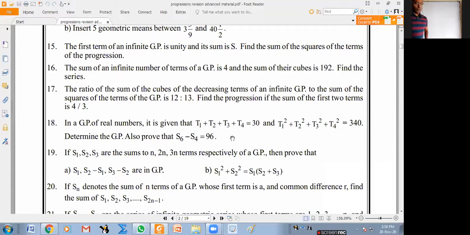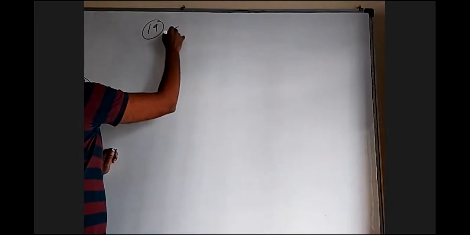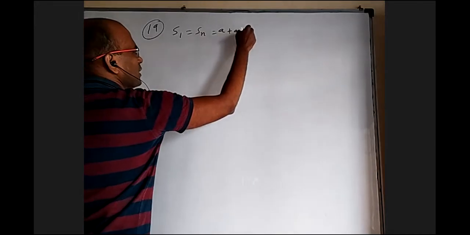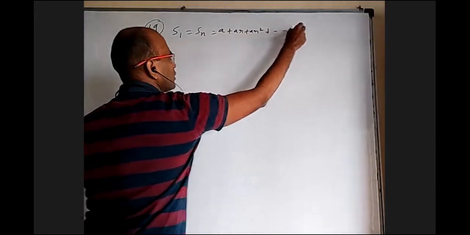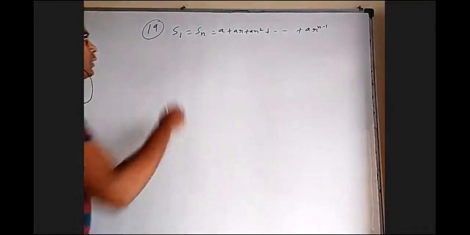Okay, 19. There are one or two small things in GP where without writing much we can say the answer. In the 19th question, S1 means sum of n terms, that is a plus ar plus ar square, so on up to ar power n minus 1.